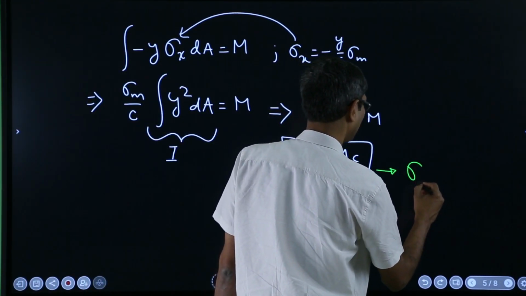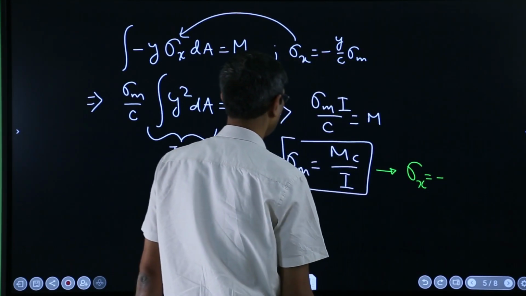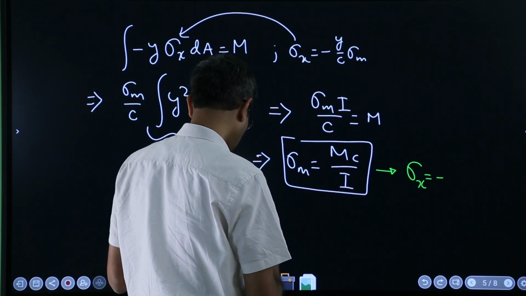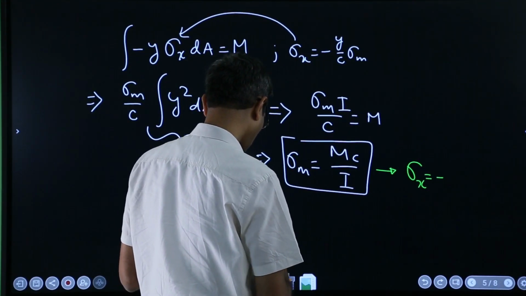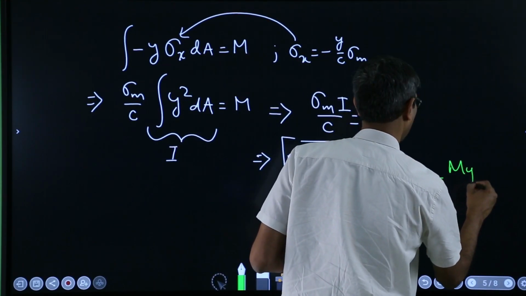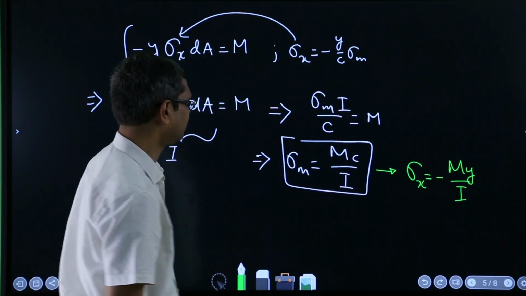And from here in fact you can write down the general equation, that sigma x now varies like what? It will be minus M y by I, because this c will be replaced.